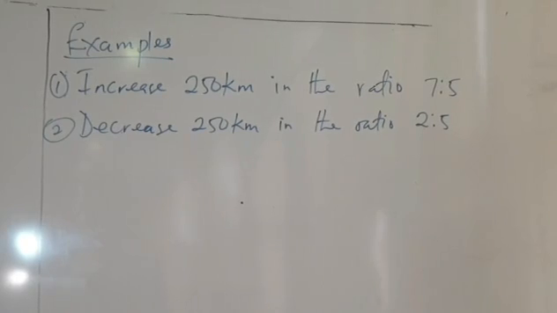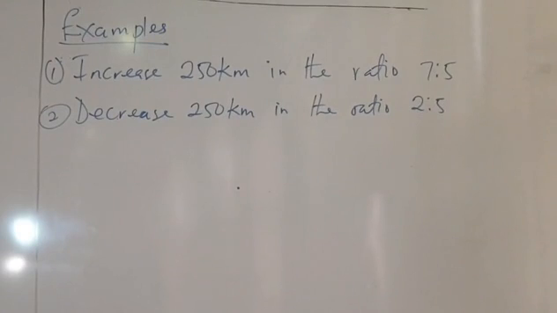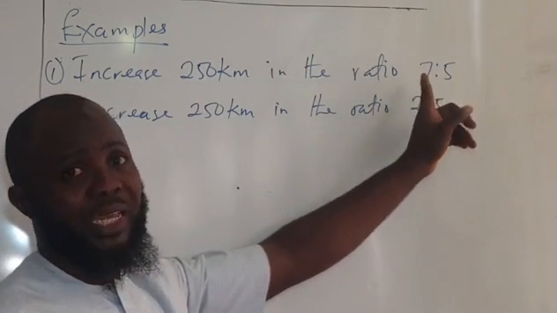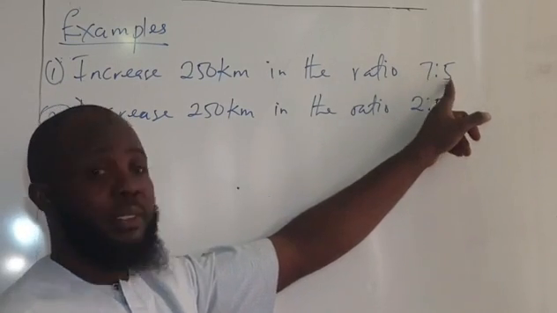All right, these examples show how to increase a quantity and decrease a quantity in a given ratio. As you can see on the board, you're asked to increase 250 kilometers in the ratio 7 to 5. One thing I want you to take note of: in this ratio, the first value is bigger than the second value.